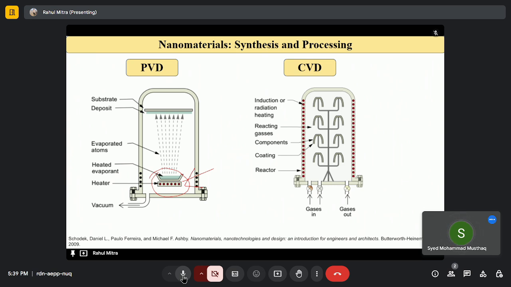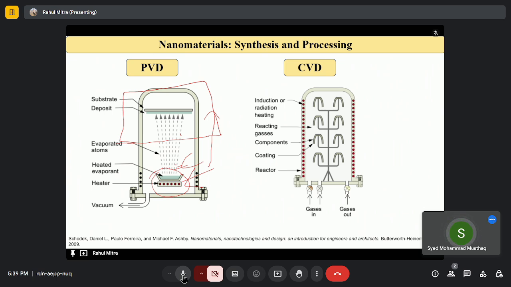This vapor is transported and gets deposited because of the thermal gradient, and because the vapors have less density, they move up, and because this chamber is cooled, the vapor gets deposited on the substrate.